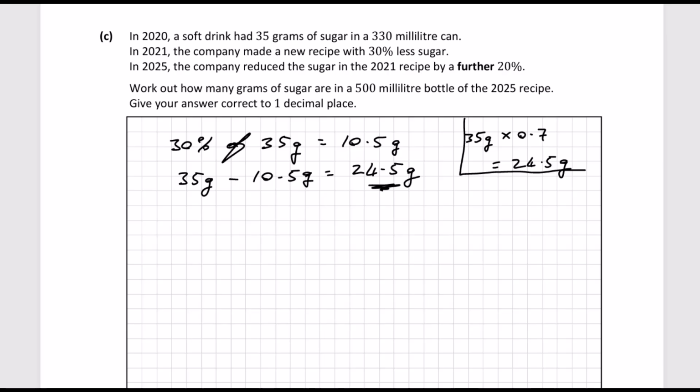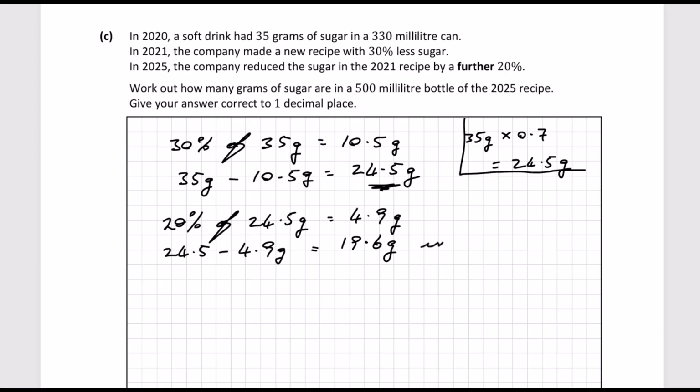So we take 20% of 24.5 grams, and when you do that you should get 4.9 grams. So we want to take 24.5 subtract 4.9 grams. When you do that you will get 19.6 grams. And remember, this is in a 330 milliliter bottle.